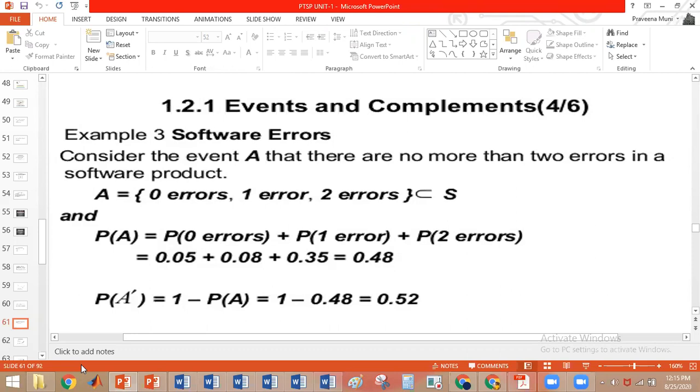So is it clear? To find the probability of A complement, you do 1 minus P of A, because probability of A plus probability of A complement is equal to 1.